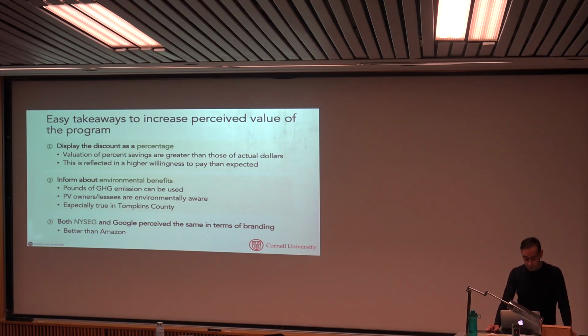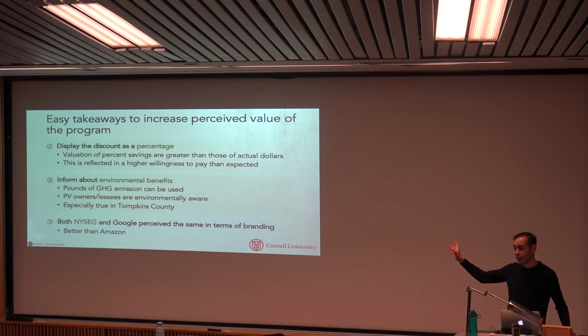We have evidence in this case that people actually understood the pounds. They were reactive to that, and we can inform them directly about that information. But as we see, these are EV owners. They're highly educated. So there's no surprise that we're able to understand perfectly well emission savings in terms of actual pounds.